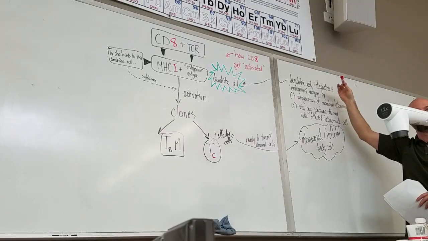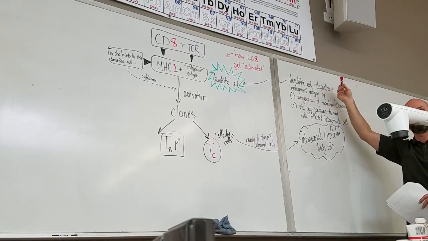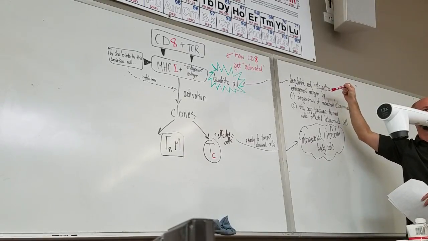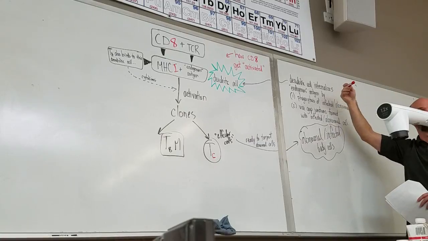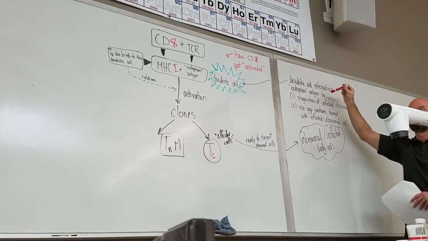Right? It appeared in this abnormal cell either because of mutations to this cell's DNA, that's why it's making abnormal proteins, or it's just a body cell that was infected, let's say by a virus. And now we're making viral proteins inside this body cell.